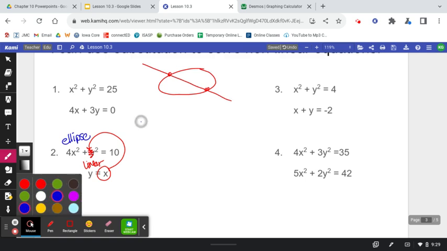So my top equation becomes 4x squared plus x squared equals 10. So 5x squared equals 10. X squared equals 2. X equals, and we normally are just going to leave it as the square root of 2 and the negative square root of 2. We'll look at those decimals once we go to graph it on the Desmos, but for now we'll leave it like that.